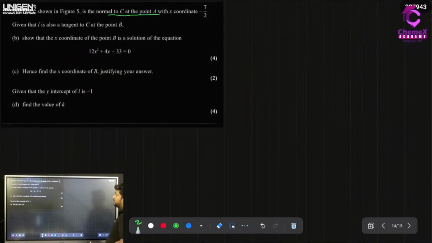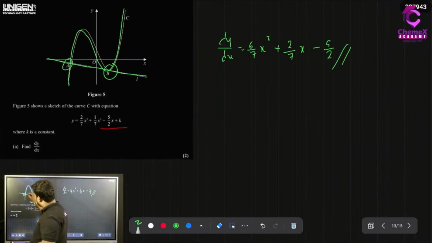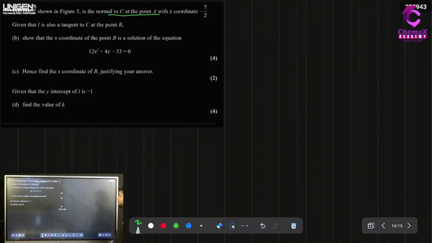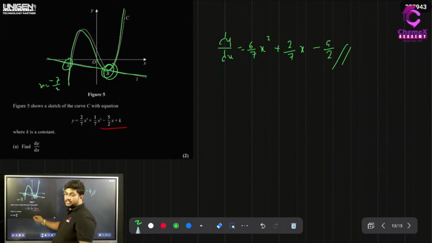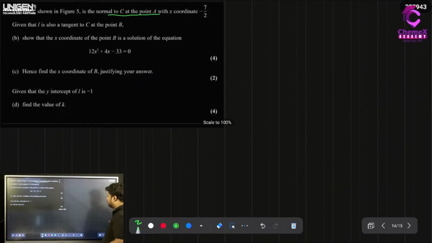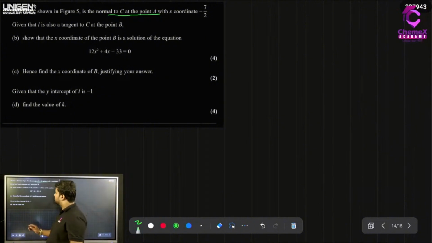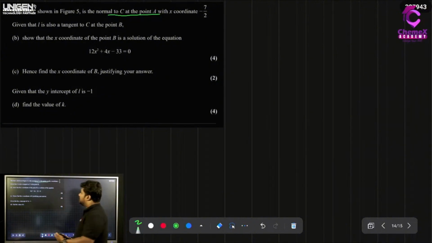It's a normal to A with x coordinate minus 7 over 2. So A's x coordinate is minus 7 over 2. Then, given that L is also a tangent to C at B, can you hear me, right? Show that the x coordinate of B is a solution of the equation.